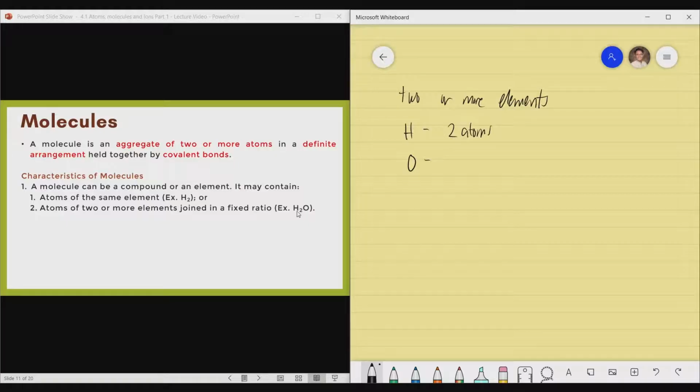So, element H or hydrogen has 2 atoms. And then oxygen, kapag wala pong subscript, ina-assume po natin na 1 yan. So, 1 atom. So, this is atoms of 2 or more elements. So, this H2O is still considered as a molecule. Okay, so either atoms of the same element or atoms of 2 or more elements, they are still considered as molecules.